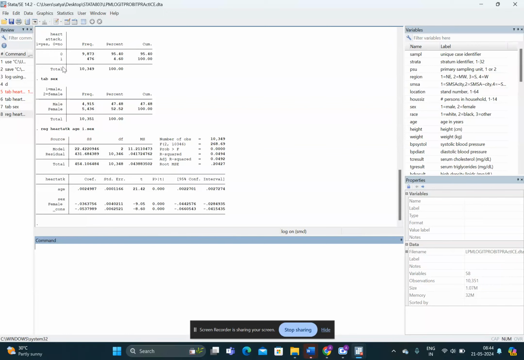So as age increases, the probability of the person having a heart attack also increases. In the case of gender, here female has been considered the base category. So compared to male, if the individual is female, then the probability of having a heart attack decreases. We can see that here, and both of them are very significant variables.